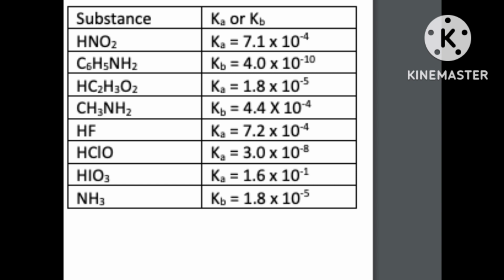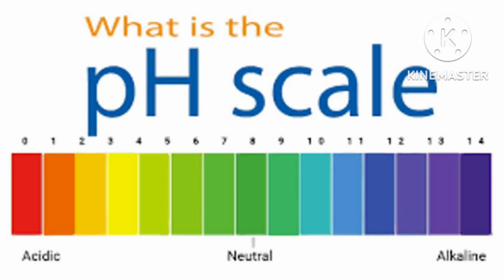Then it will remain C alpha square divided by 1 minus alpha. This is just like a formula: Kb is equal to C alpha square divided by 1 minus alpha. In solving numericals, this relation will be used.